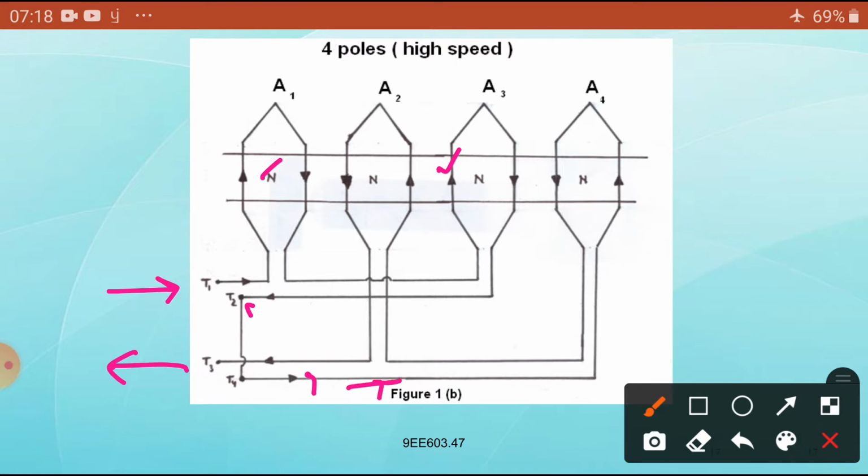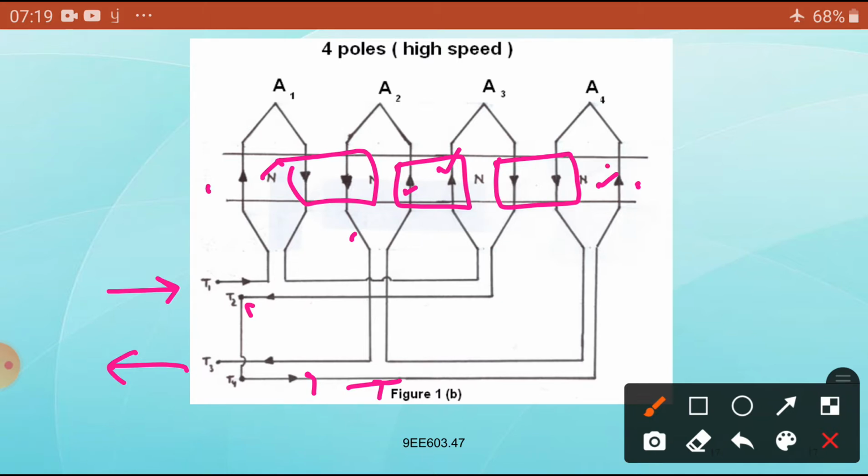And once again, here you can see this north pole. The current is going to the north pole, then it becomes a south pole. Next is going to the north pole, next is coming south pole. Then what has happened? Both directions are here, and both directions are here. So this and this are the same.